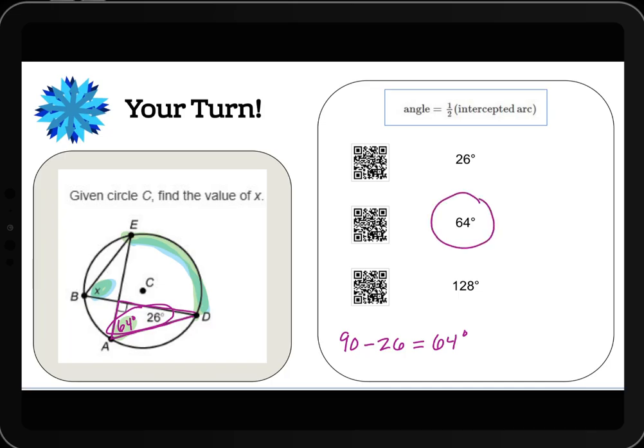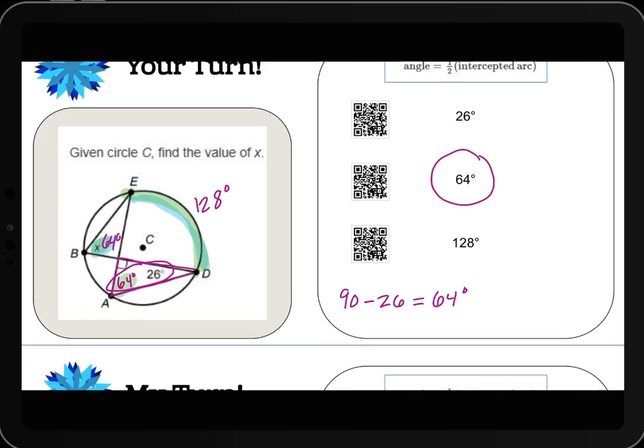The answer is 64. Yes, this intercepted arc is double 64. That's fine. But remember, when you have two inscribed angles, in this case, this angle here and this angle here, they both intercept the same arc. That means that they are going to be the same exact value. They are both going to be 64 degrees. So that was a very quick and easy answer to find in our problem case.